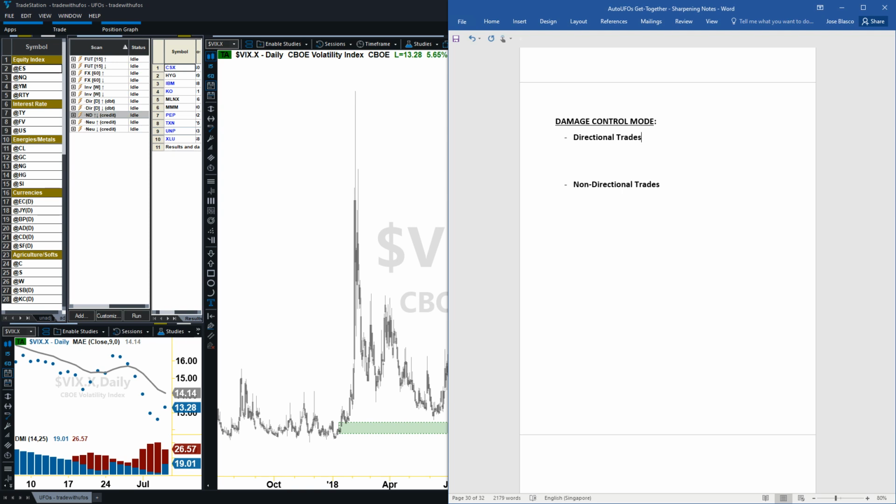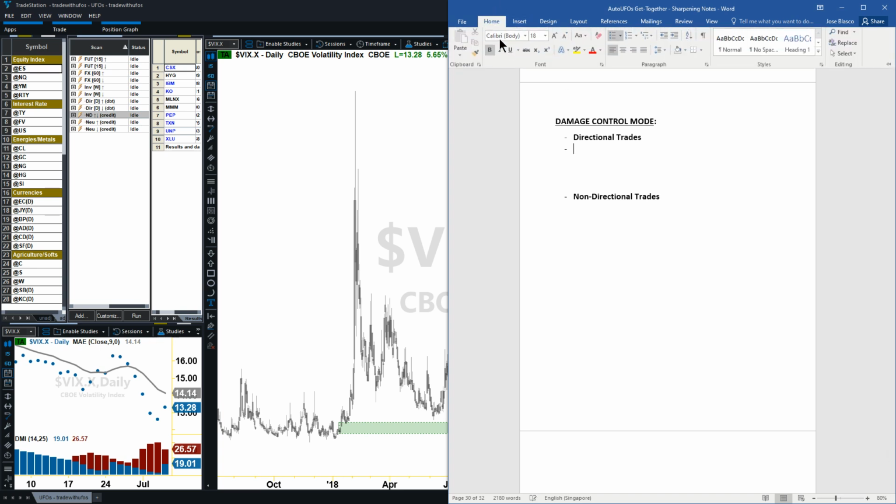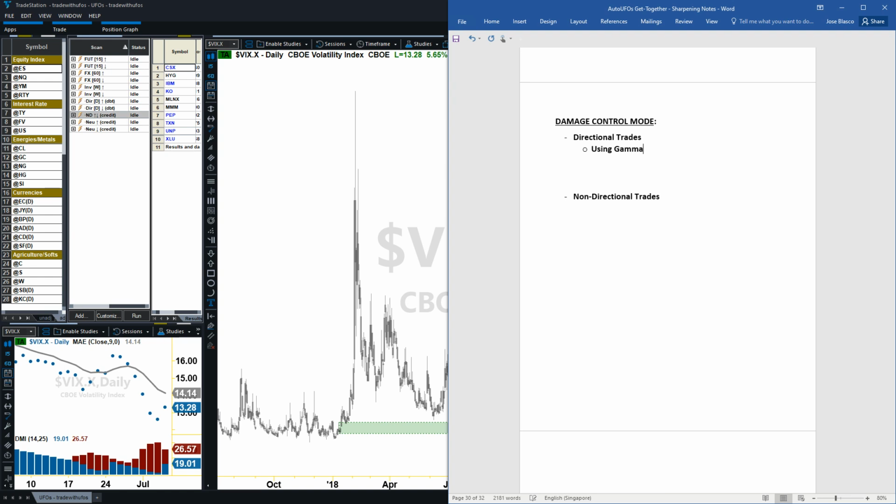For directional trades, the way we're going to manage that problem and try to end up in a better position will be by using gamma. That's why last weekend we talked about gamma. It's going to be all about gamma plays to try to offset the problem and go back to where we need to be or minimize the problem.